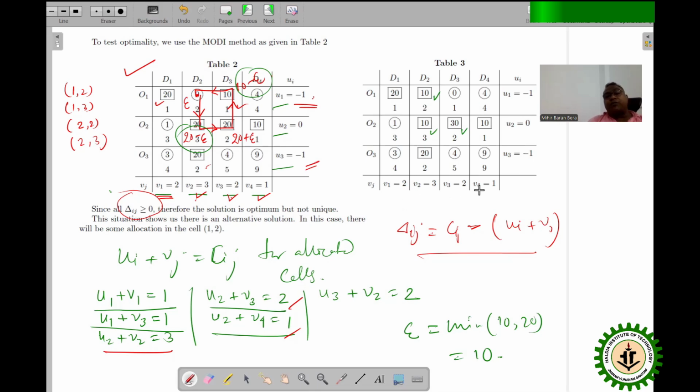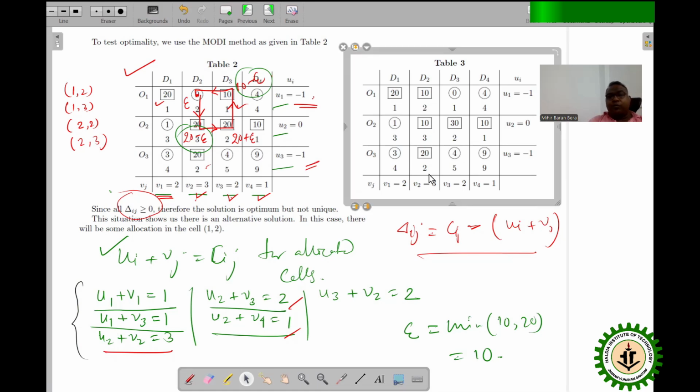V1, V2, V3, V4 are the dual variables of the destinations D1, D2, D3 and D4, satisfying the condition Ui plus Vj equals Cij for the allocated cells. So you will get another set of equations like this. Let us do it on another page, it will be better for us.